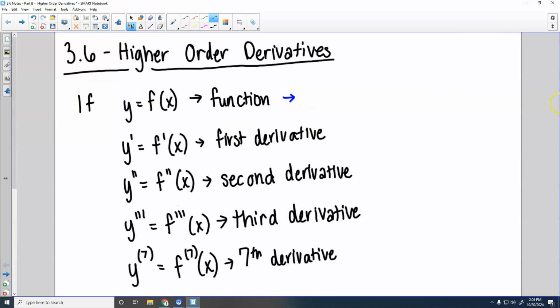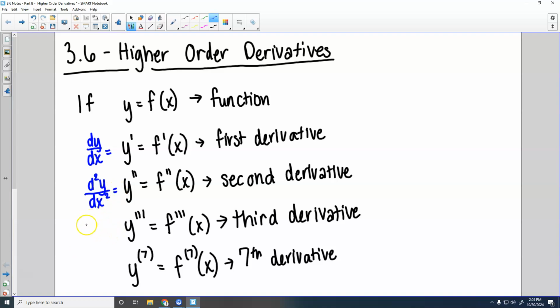So a third type of notation you could use here: instead of calling this y prime, you might see it written as dy/dx. That would be your first derivative. For the second derivative, it was d squared y over dx squared, and this would just continue on.